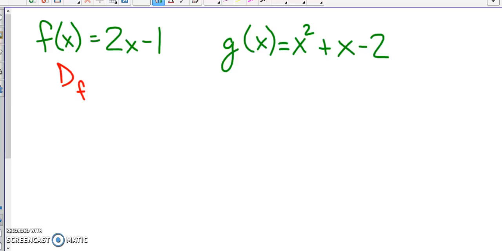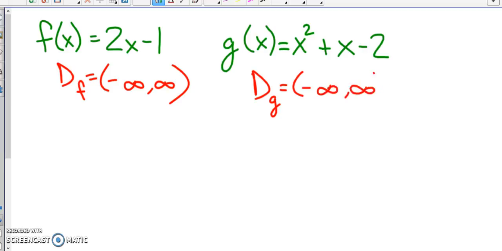That should not have been a hard question. Yeah, it's all real numbers. There's no division, there's no square root, so there's no problem. So what's the domain of G? Same thing. So that means when I do f plus g and f minus g, since this is defined everywhere and this is defined everywhere, the domain of f plus g would also be negative infinity to positive infinity.